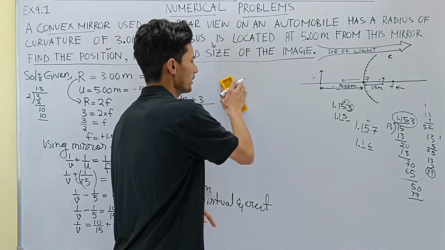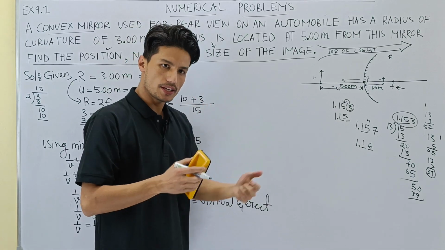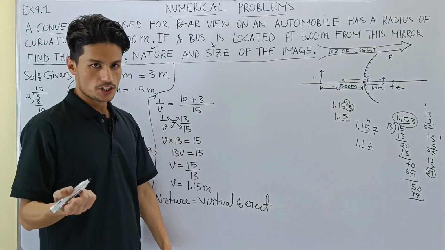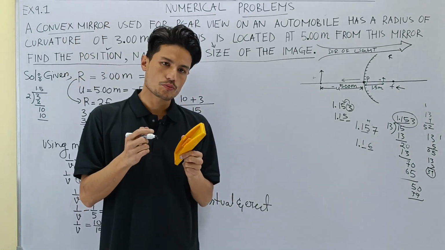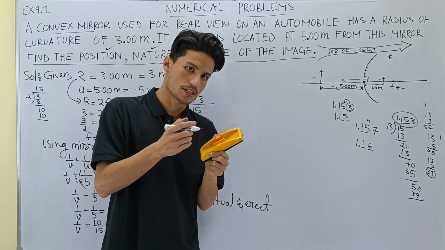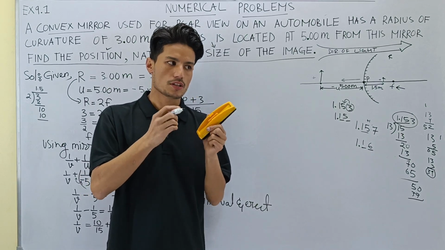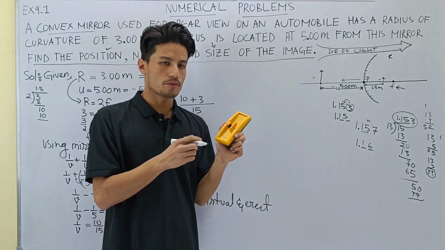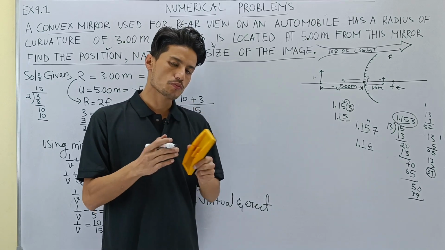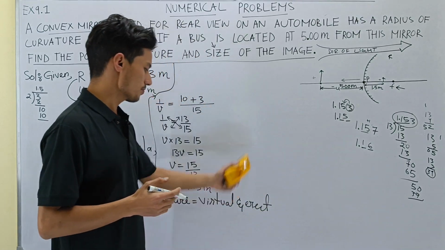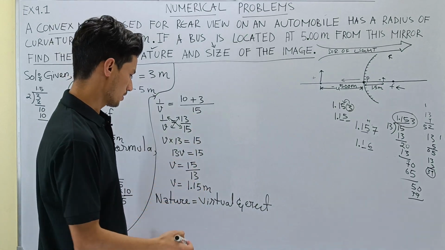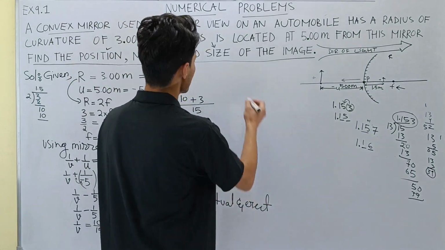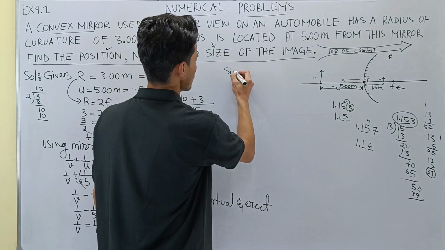We'll be finding size in a different way, using magnification, because from magnification also we can find the size. So directly hi by ho may not be useful here, but from magnification we can find size also. So let's go for magnification now, to find the size.